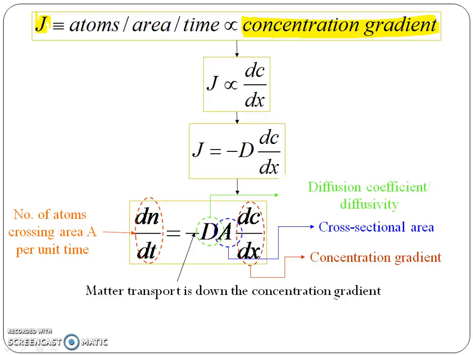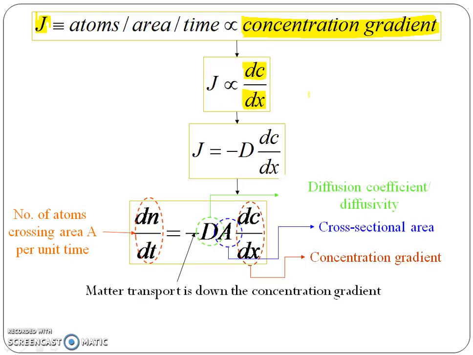So in differential form, the concentration gradient is nothing but the concentration difference across the distance through which diffusion is taking place, and this distance must be measured as the perpendicular distance to the direction of the flow of diffusion.